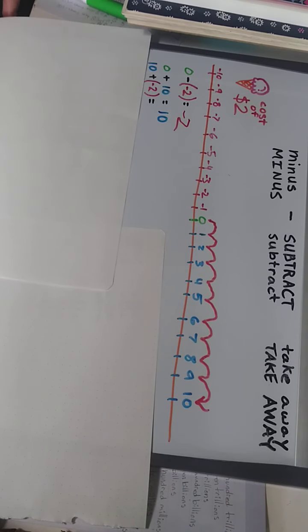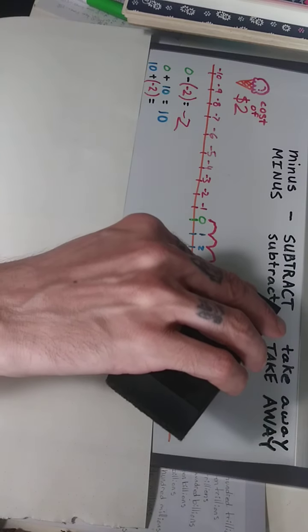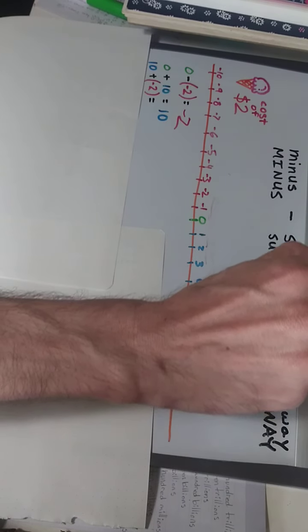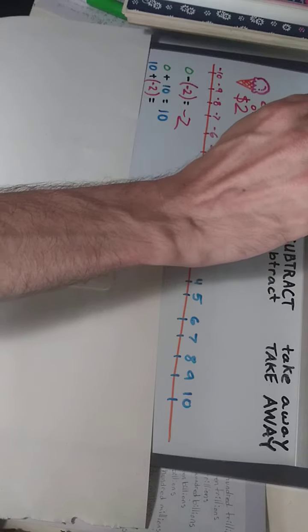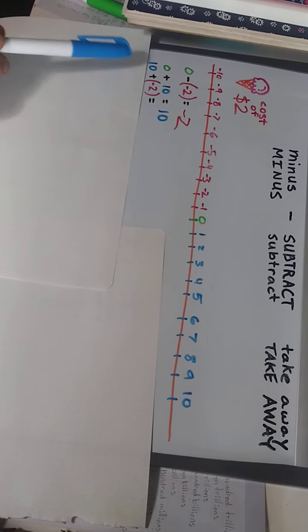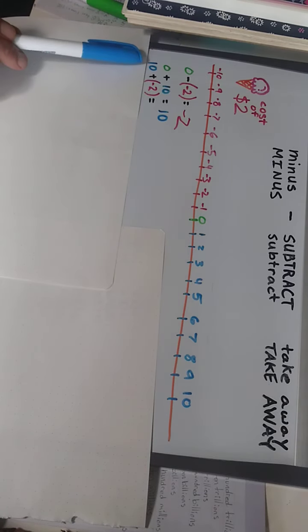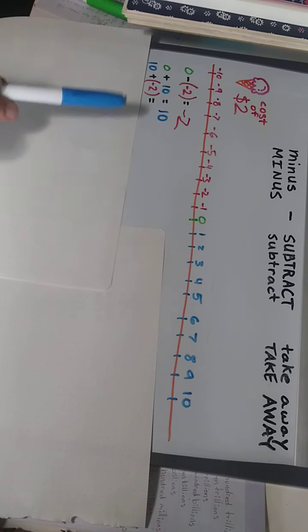Now we have $10, so we want to buy an ice cream. So we could say 10 plus -2, which is the cost of the ice cream is -2, and we have $10 in our pocket. So we're adding the cost of the ice cream to our total amount of money.